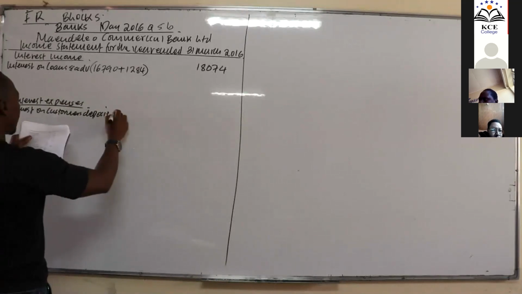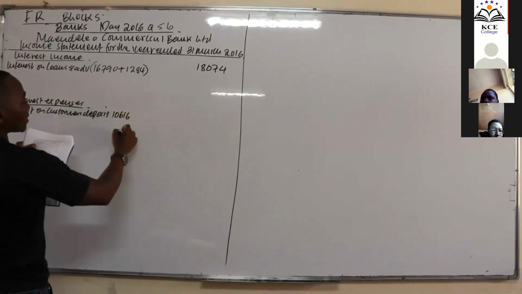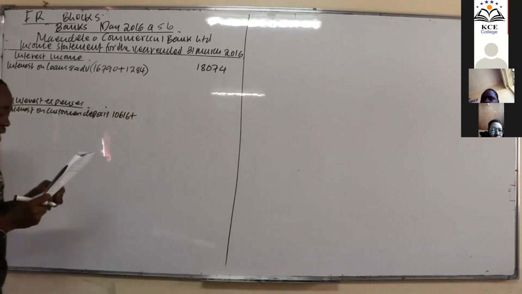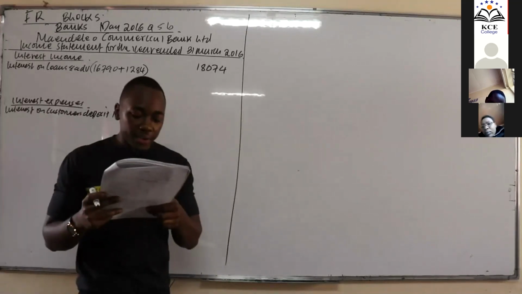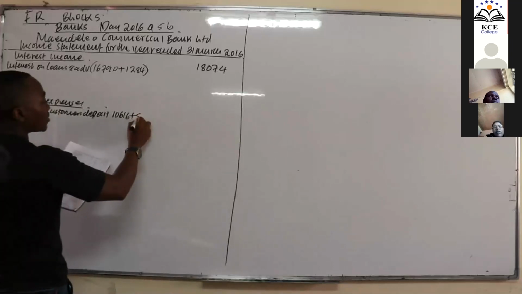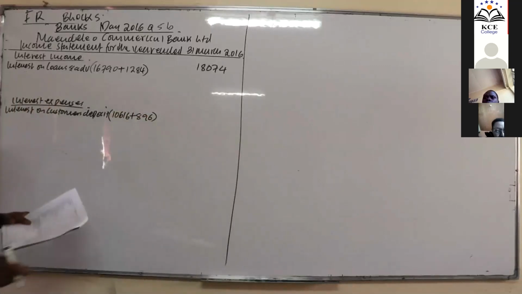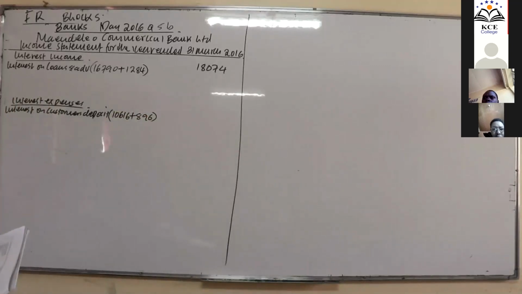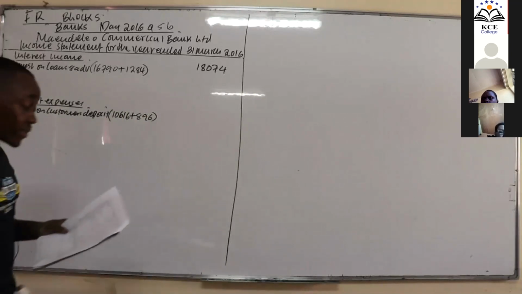An amount of 10,616. That's an expense. Then you add note number 3. We have interest on customer deposits which was not accounted for, an amount of 896. So we have 10,616 plus 896, 11,512.